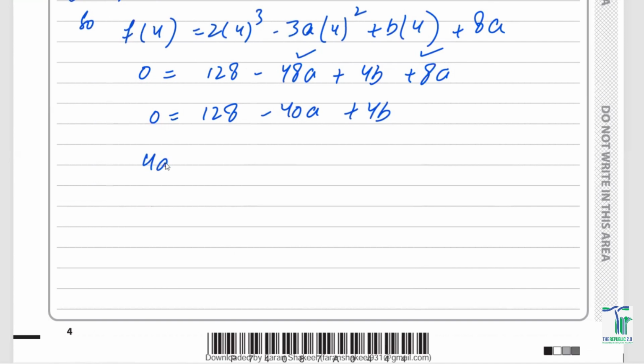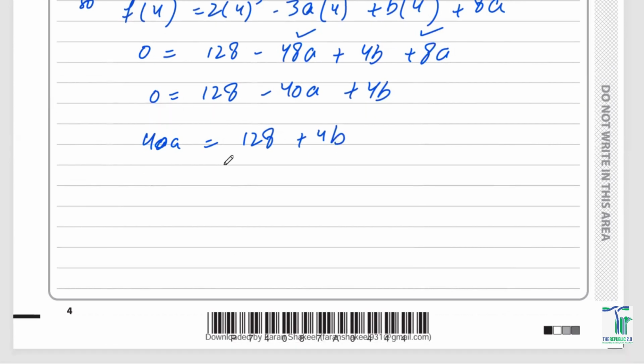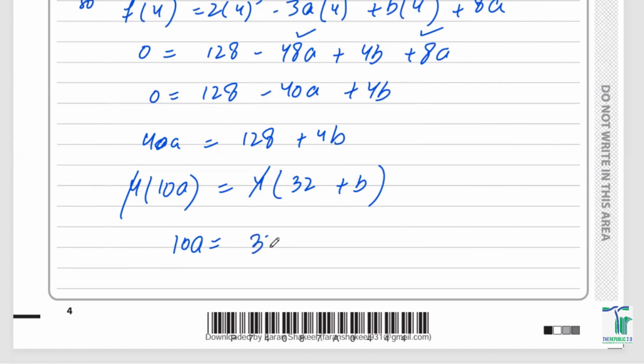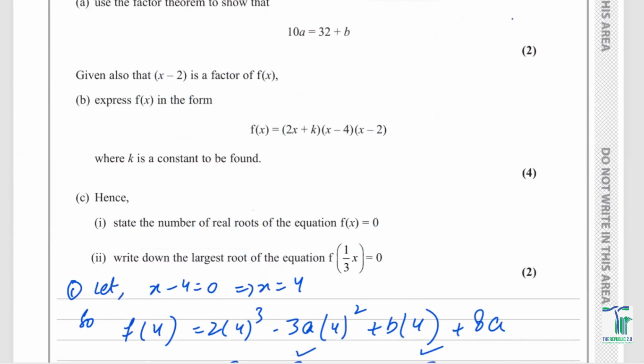I would be having 40a equals 128 plus 4b. The common factor we can take from this expression is 4. So 10a equals 4 times 32, which is 128, plus 4b. The 4 and 4 cancel out, and I'll be left with 10a equals 32 plus b. That is equation number 1, and this is what we needed to prove as well, right?